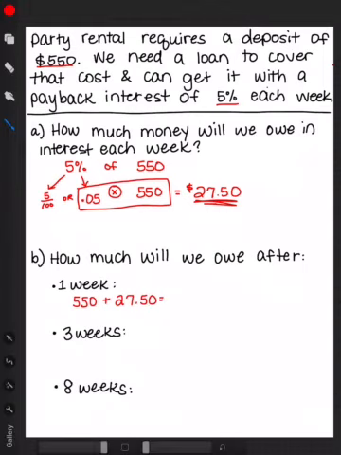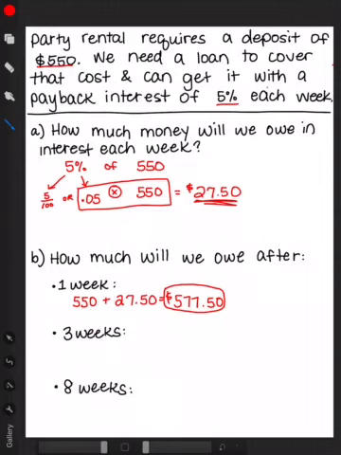And if I add that together, 550 plus 27.50 is $577.50. So that's how much we owe back after 1 week.